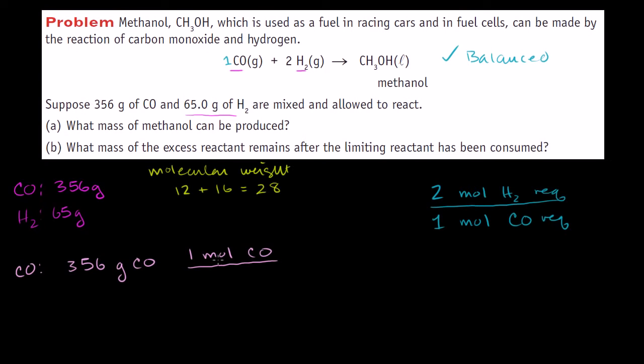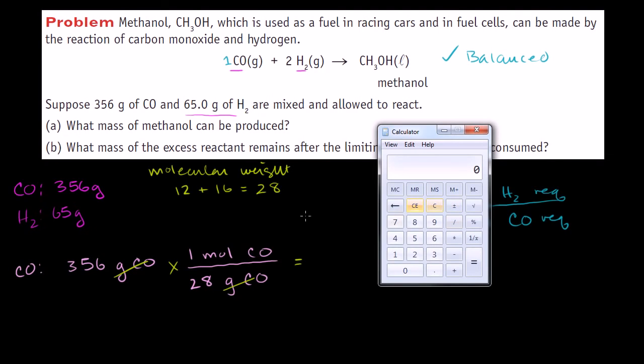So if we have a mole, that 6.022 times 10 to the 23rd molecules of carbon monoxide, that's going to weigh 28 grams. So 1 mole per every 28 grams. And the reason I wanted to put the grams in the denominator is so it cancels out over here. So those cancel out when we multiply, and we are left with 356 times 1 divided by 28 moles of carbon monoxide.